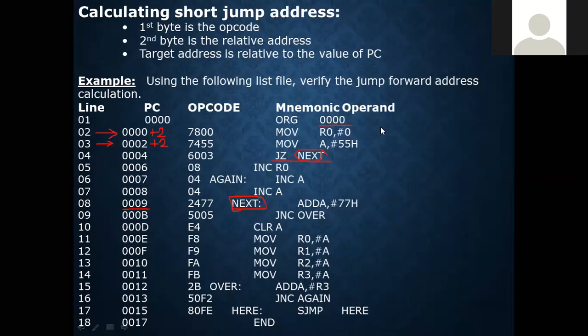So the program counter will increase by 1. No. Avinash Shukla? Yes, sir. So, what will be the content of the program counter? Sir, it's jump to next, sir, 9 number.